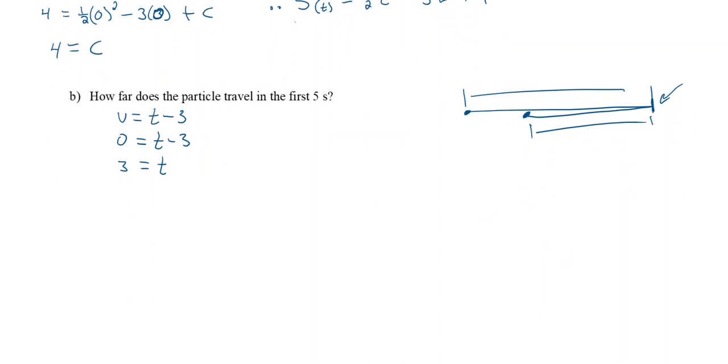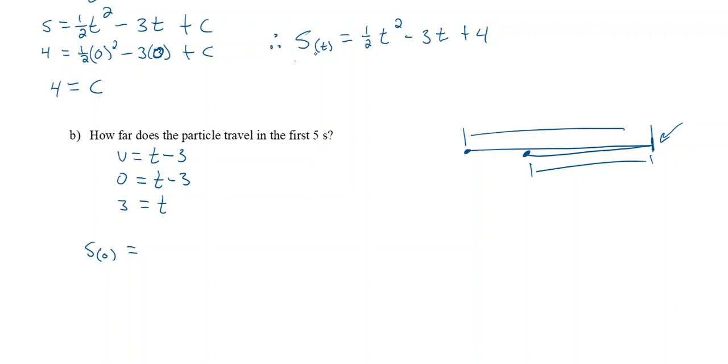All right, so let's get a little bit of a picture of what's happening. So at time 0 for my displacement, so s of 0, just based on our function here, if we threw 0 in there, we get 4, right? So here, let's make a little number line. So we're starting at 4, right?